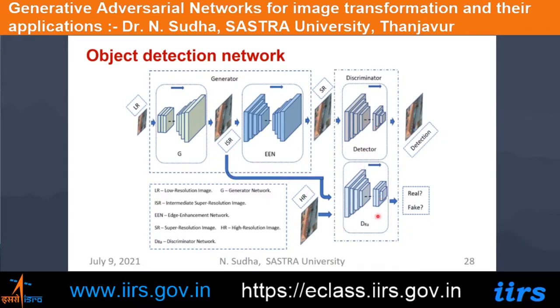And there is a discriminator also. This discriminator and the generator network are meant for generating the high resolution image from the low resolution image. The edge enhancement network takes that high resolution image, enhances the edges in it, and gives the super resolution image, which is very useful for detecting the objects using the detector network.